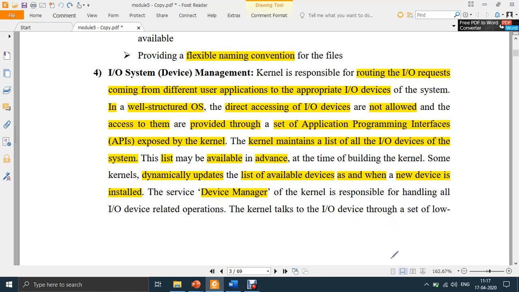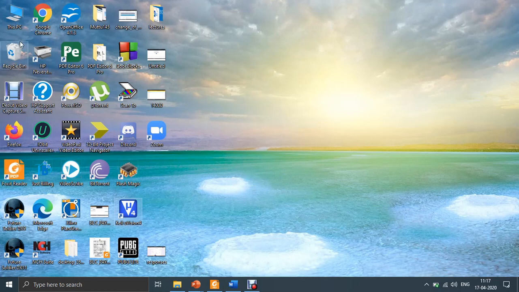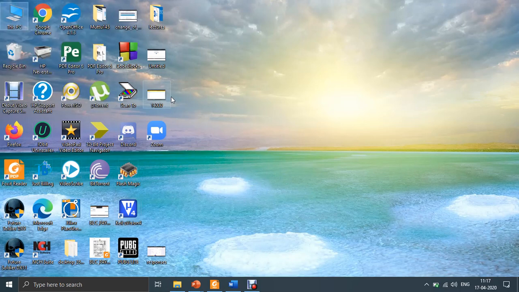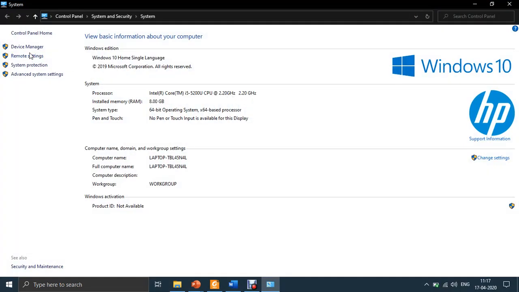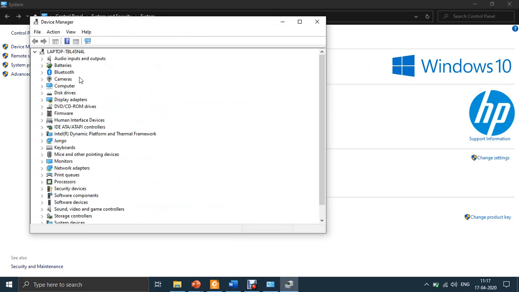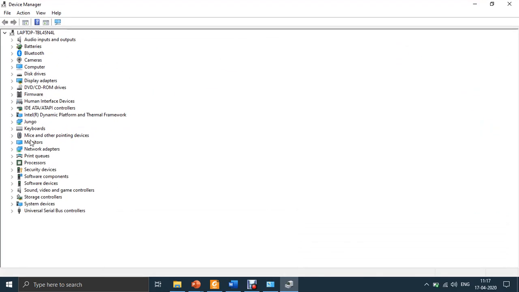You might have already seen the device manager. I'll show you. If you right click on This PC, go to properties and then go to device manager, it will have the list of devices that are connected to my PC. You can see these are the various devices currently connected to my PC.